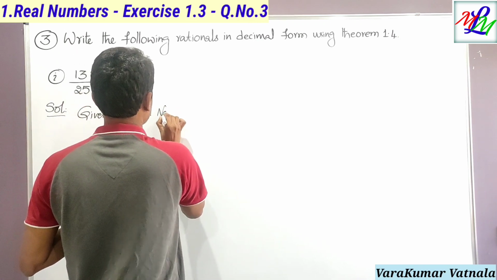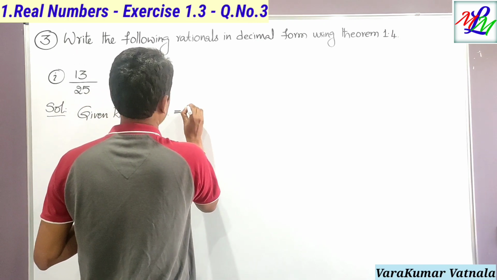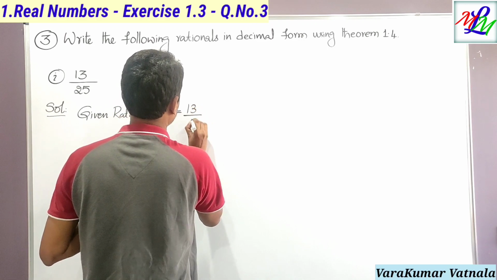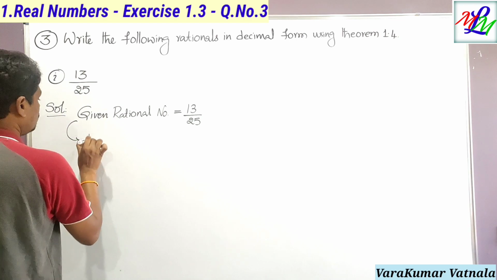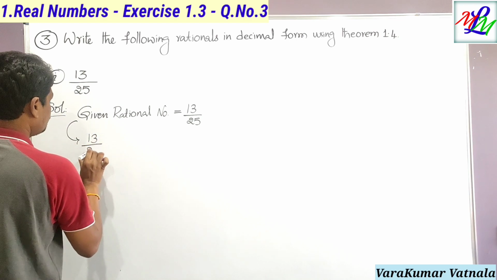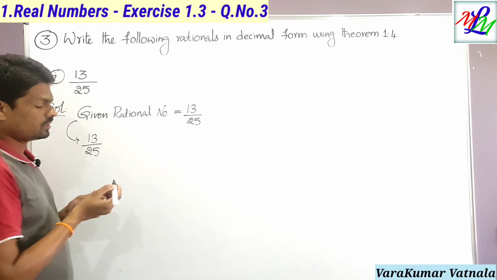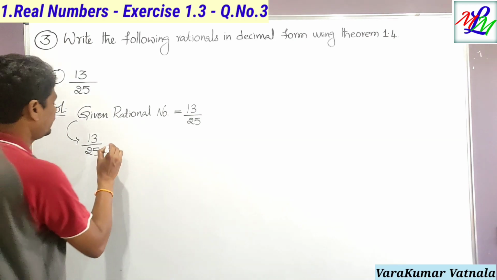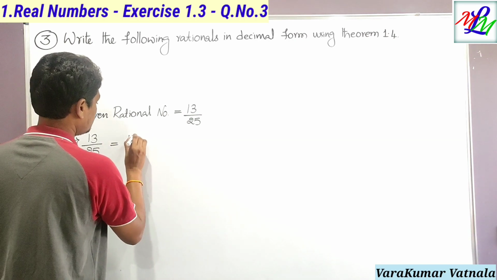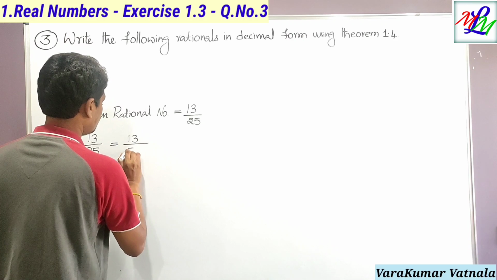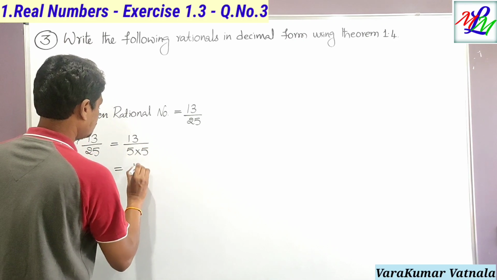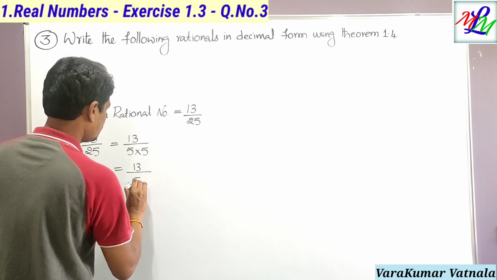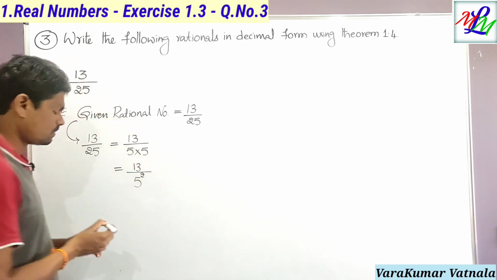Now how do we write the prime factors of q? 25 can be written as 5 into 5, so 13 by 25 can be written as 13 divided by 5 to the power 2.